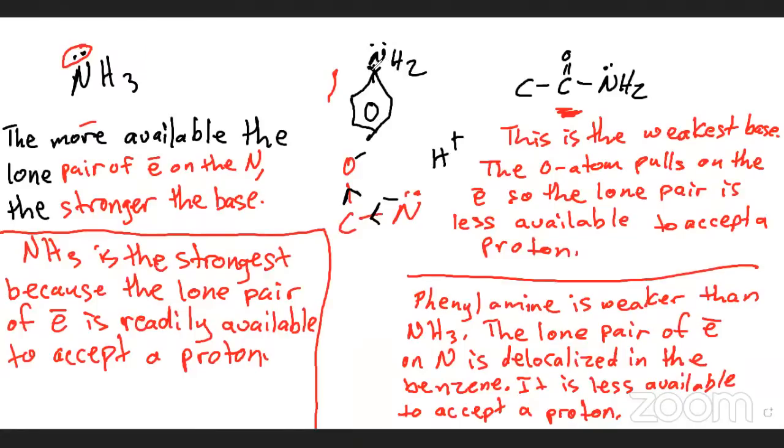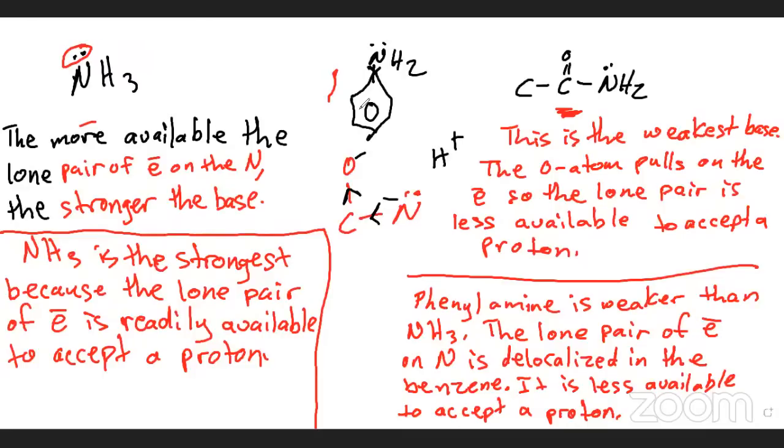But we just say it is delocalized around the ring, all right? So to keep it simple, in phenylamine, that lone pair of electrons is delocalized around the ring. So it is less available to take up the proton. It is the delocalization that is affecting it, all right? That is delocalized, so it is less available. That is why it is weaker than ammonia.